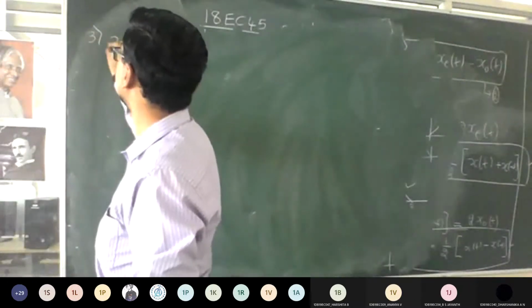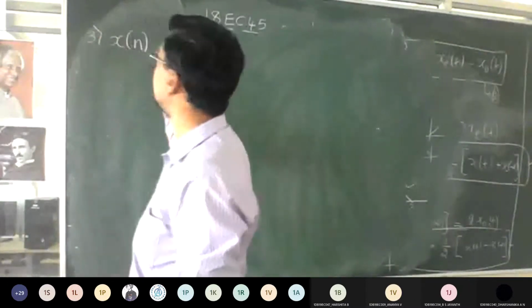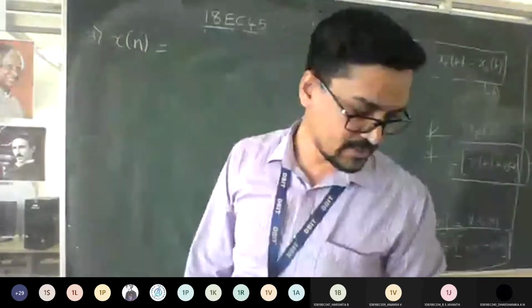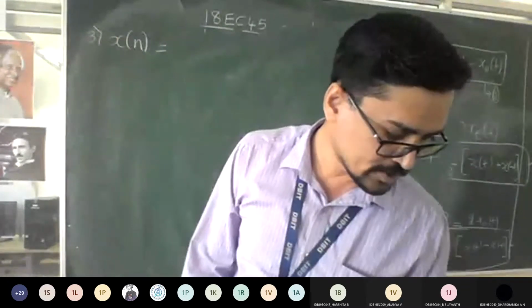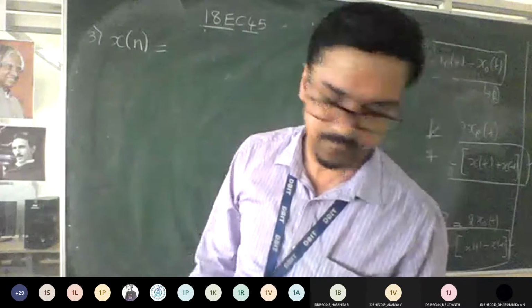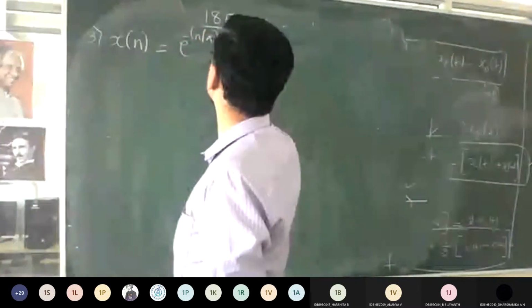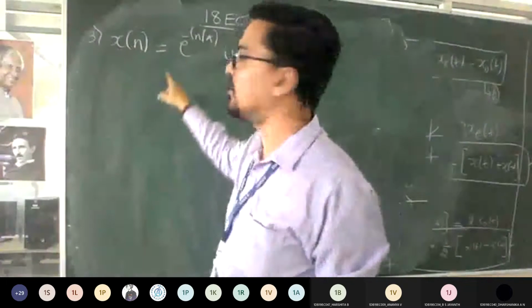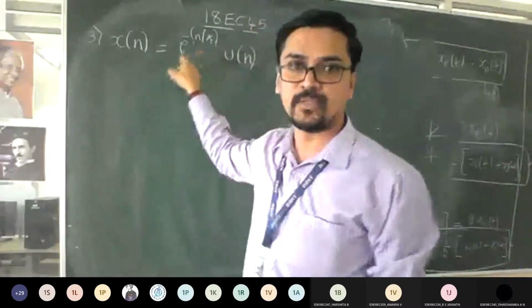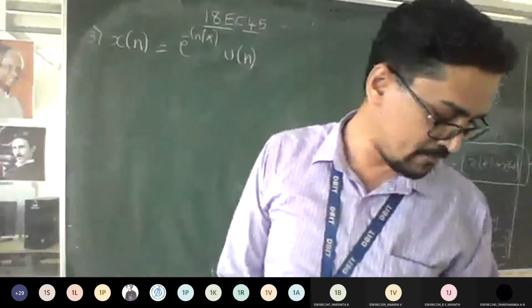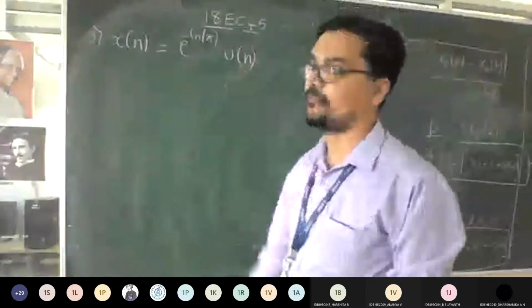So question number 3. For the following signal, hold on. Now you should tell me what is given. So it's e power minus n by 4, e power minus n divided by 4 into u of n.